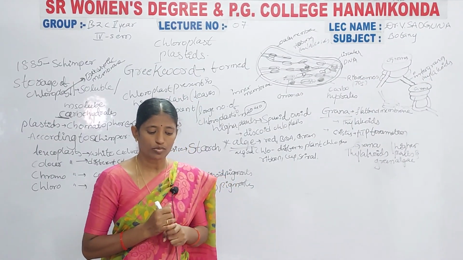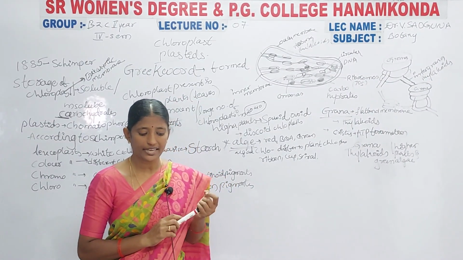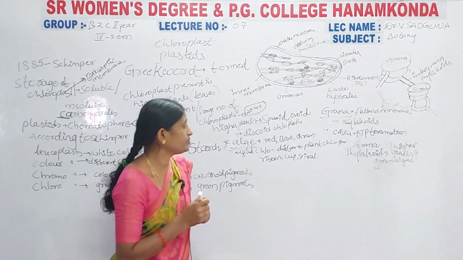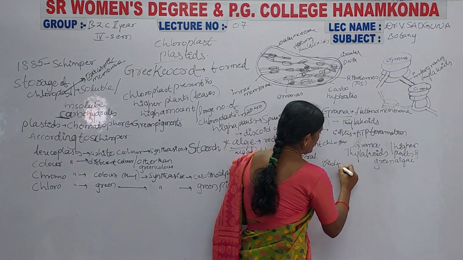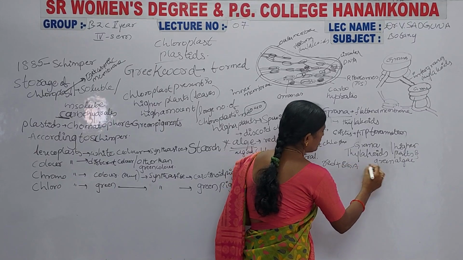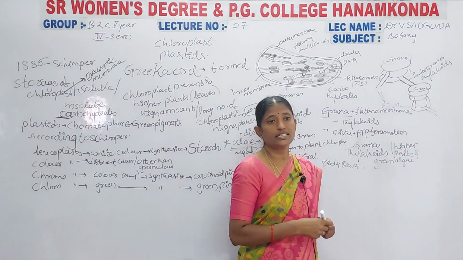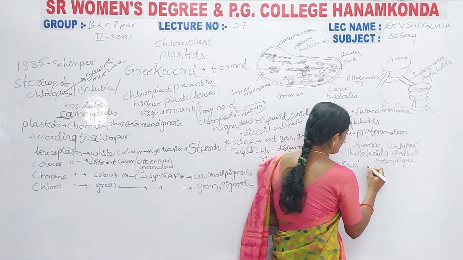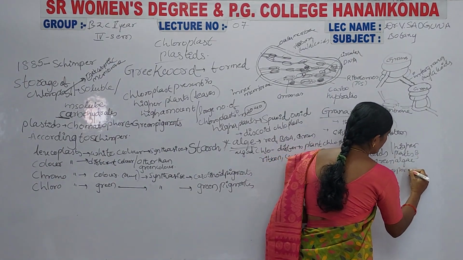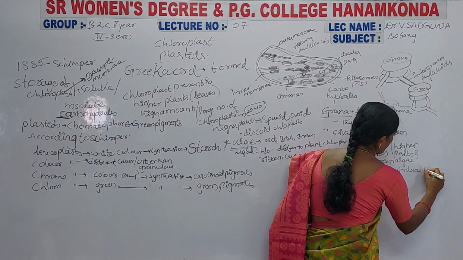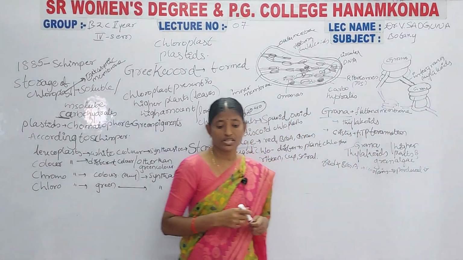The red and blue-green algae pigments contain and produce different phycobilins.